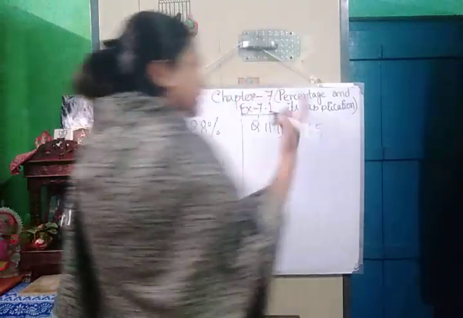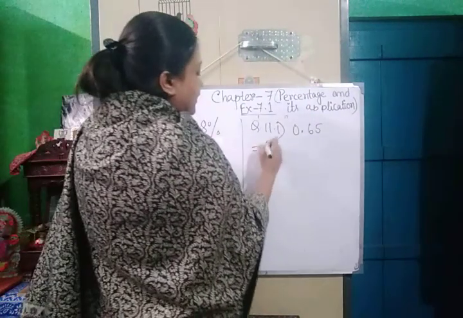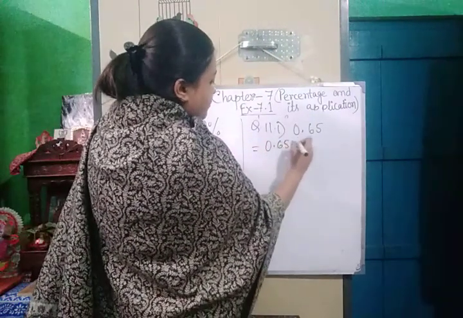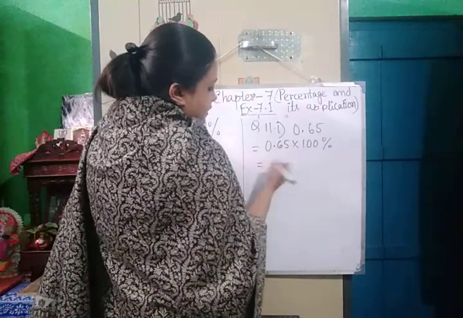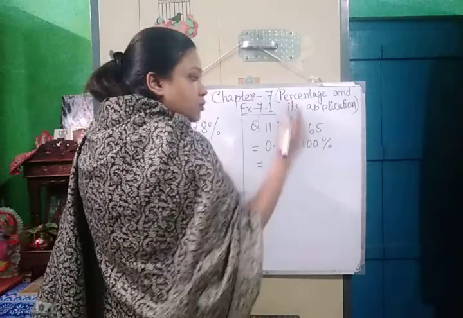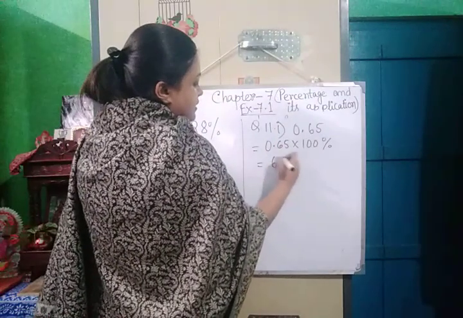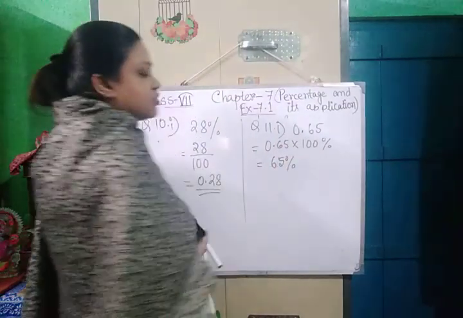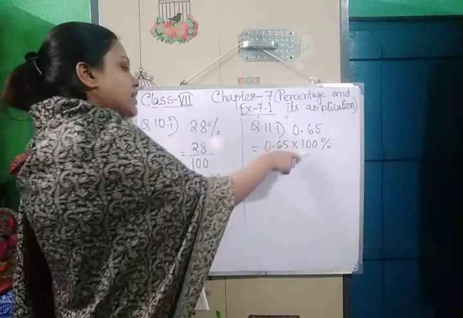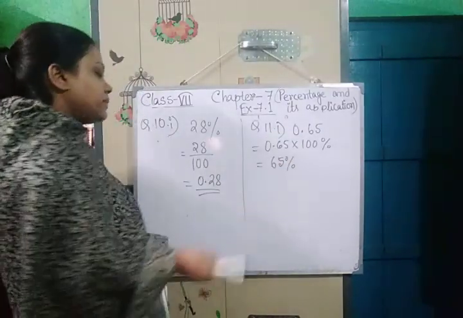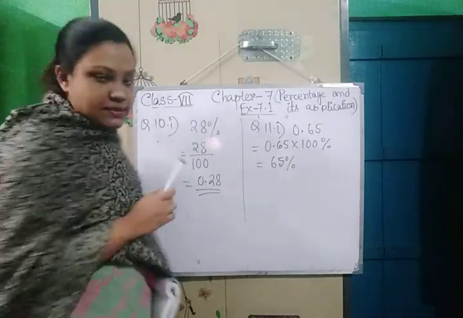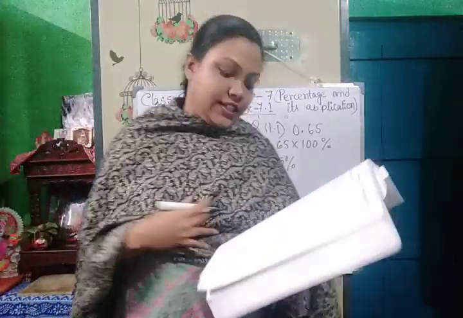We have to convert it to percentage. So we will write 0.65 into 100%. That means the point will go to the right 2 places. So it will be 65%. So by multiplying it by 100 you will get decimal to percentage, and by dividing it by 100 you will get percentage to decimal. Okay, so I hope this is clear.